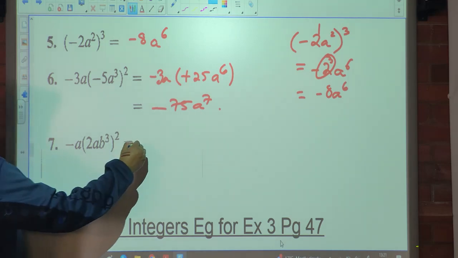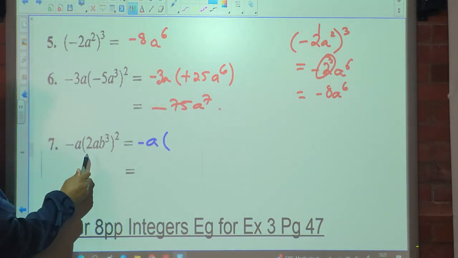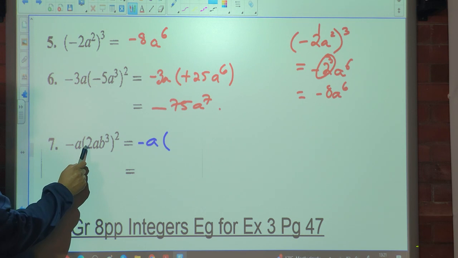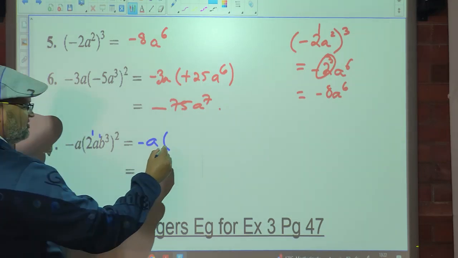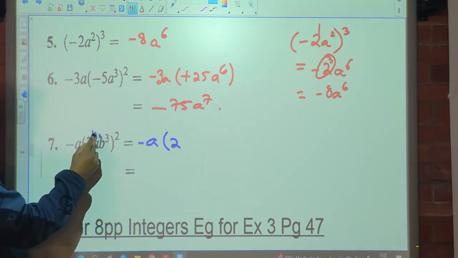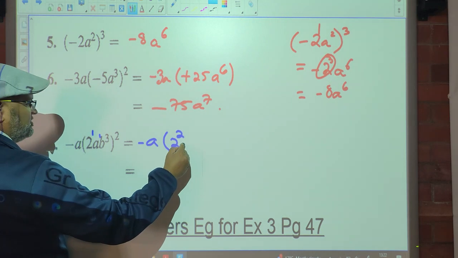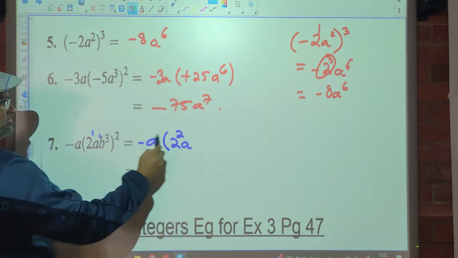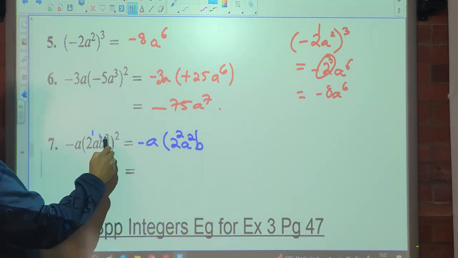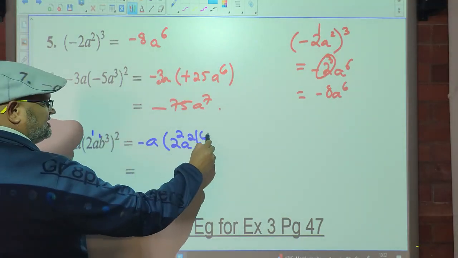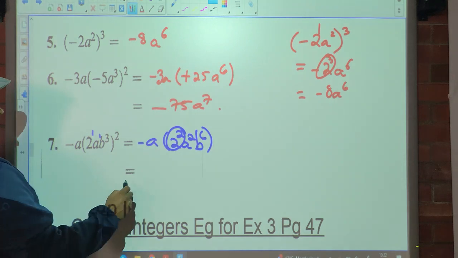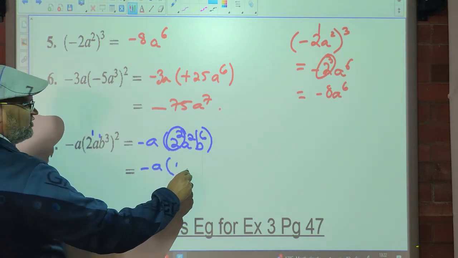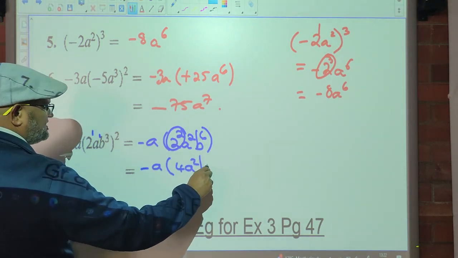So we got negative a into 2 a b cubed squared. We're going to sort out this bracket first. Not so. There's no sign. So what sign is this? Positive. So there's a 1 and a 1. There's 1 on the 2 and 1 on the a. What is 1 multiplied by 2? 2. A. 1 multiplied by 2? 2. B. 3 multiplied by 2 is 6. What is 2 squared? 4. So negative a into 4, a squared b6.